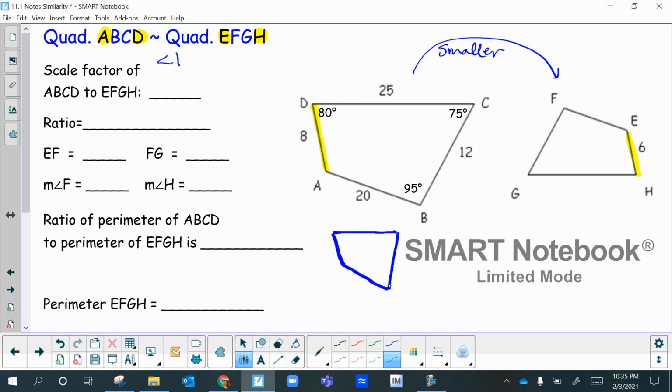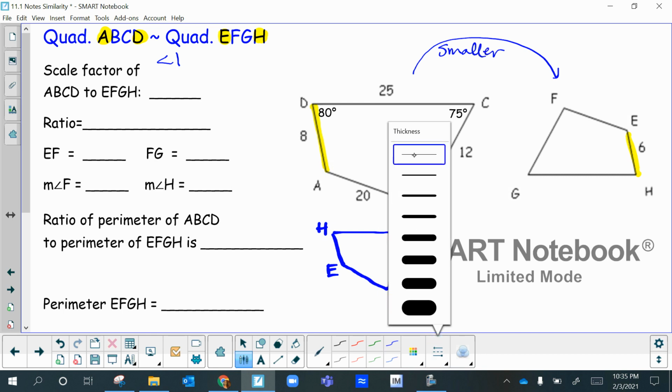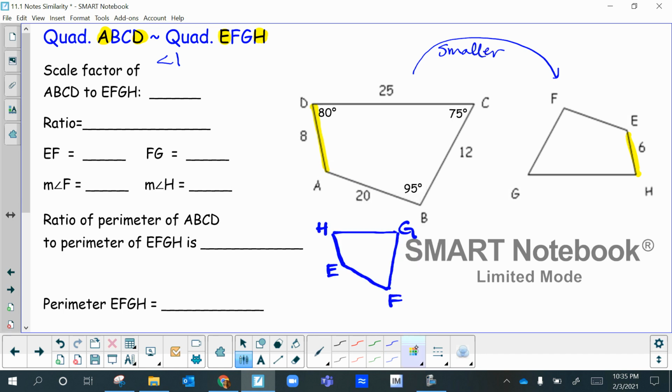And so then we have D corresponds to H, A corresponds to E. See how I'm just going in the same pattern, D to H, A to E. C corresponds to G. And lastly, B corresponds to F. And this one that they gave me was 6 right here. Let me get my yellow highlighter so you can see. So this one corresponds to this one. 8 corresponds to the 6.